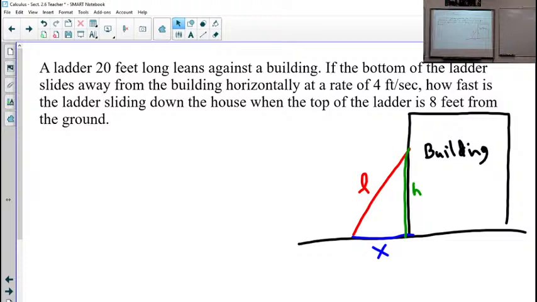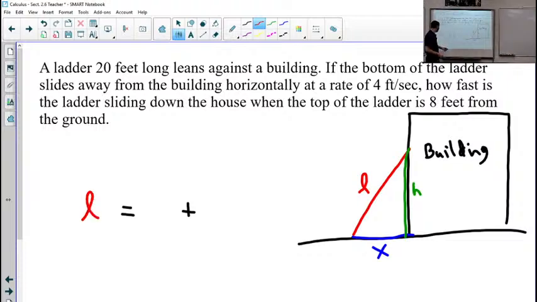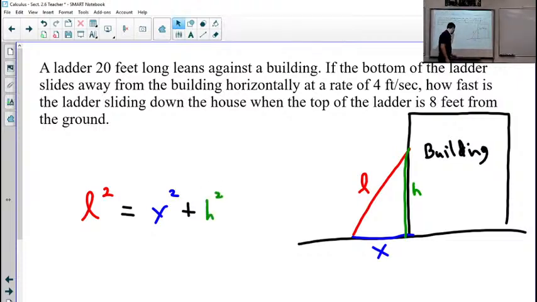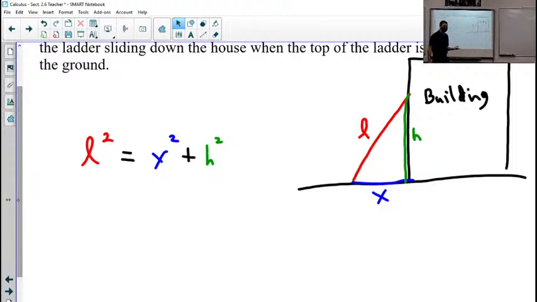I don't see any angles there, so it looks like it's time for Pythagorean Theorem. L squared equals X squared plus H squared. And I'm just going to jump to looking at the derivative here and talking through that part of it.